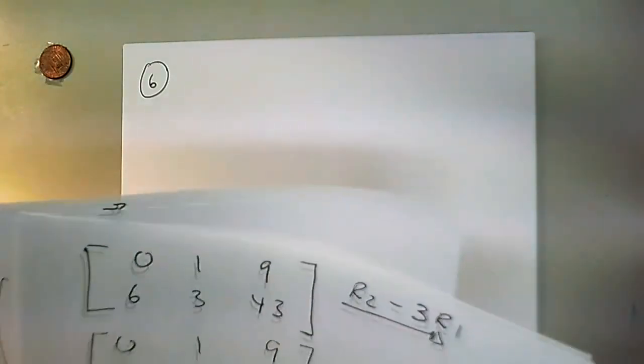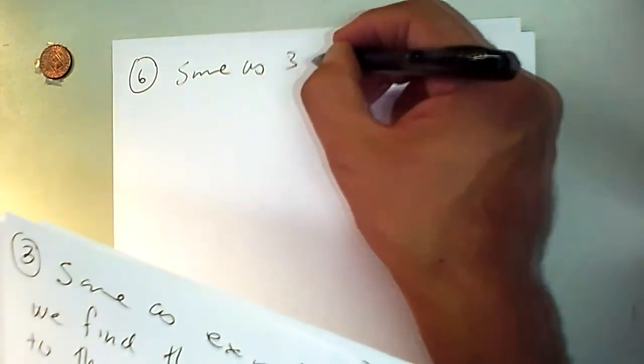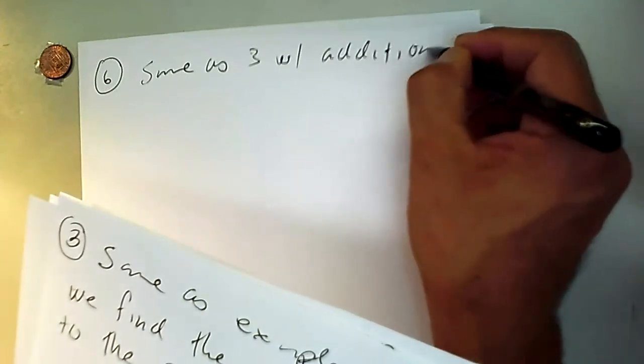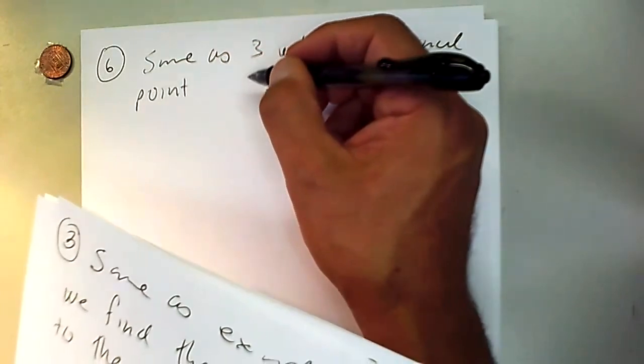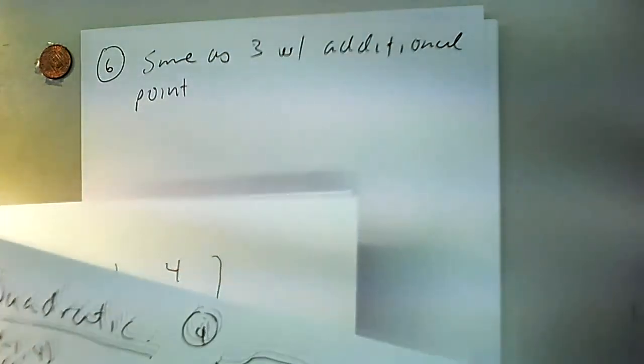What was 4? 4 was a quarter. Okay, so for 6, we wanted to make it the same as 3, with an additional point. I'm going to add the same point we added. What was it? 10, 18.